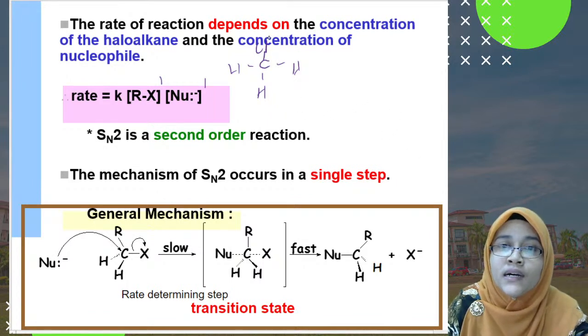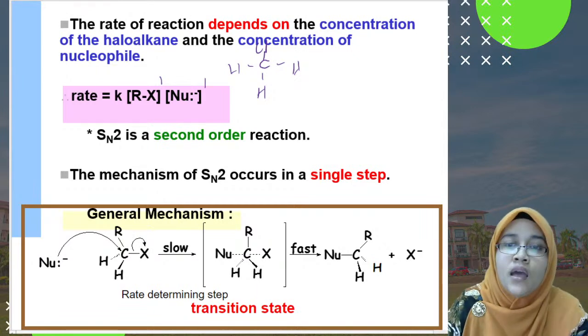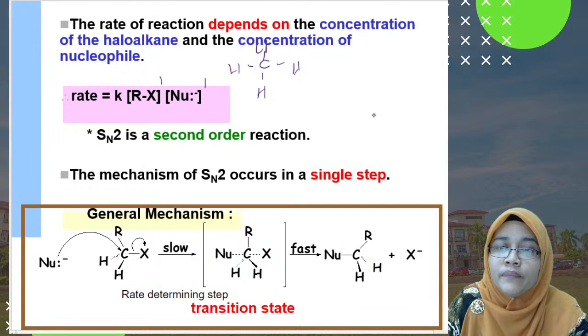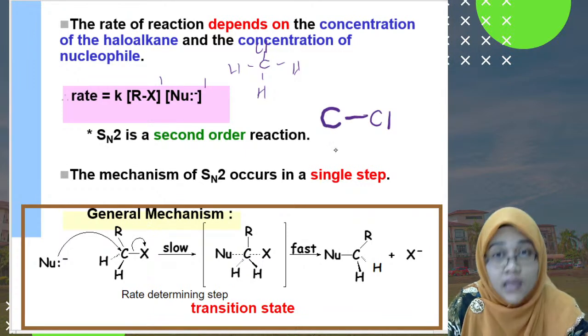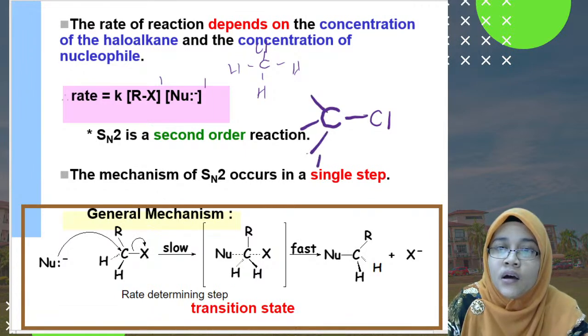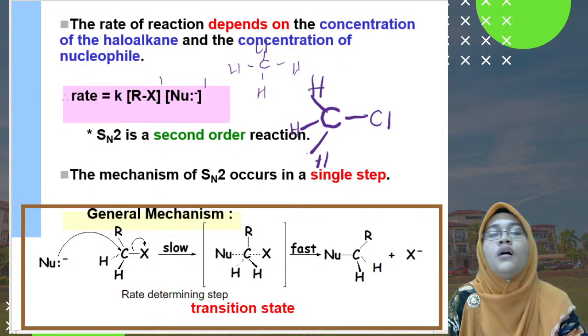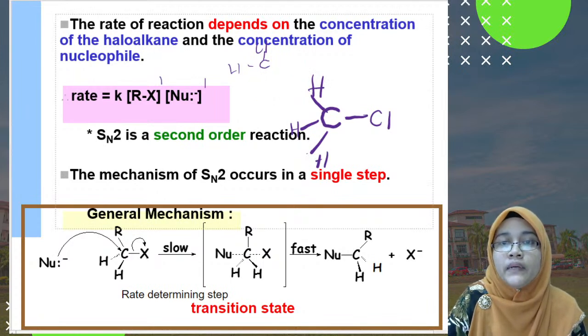Make sure the halogen that you want to kick out from your haloalkane, we must put the Cl at the end. So this is the alpha carbon bearing the halogen, and these are the other atoms bonded to the alpha carbon.